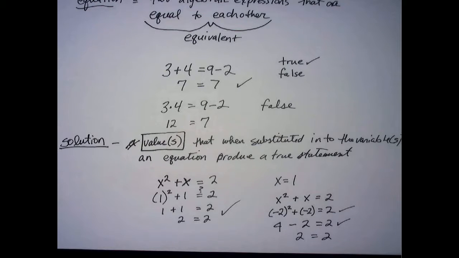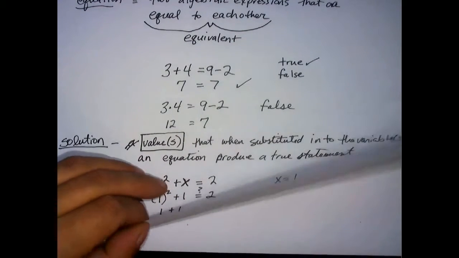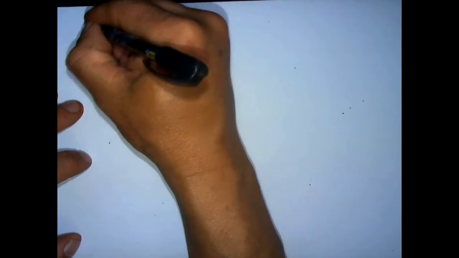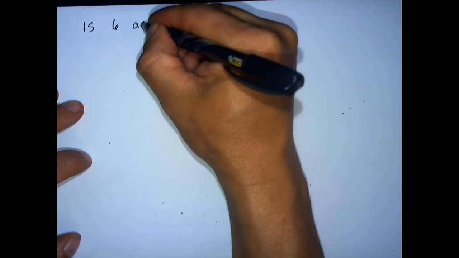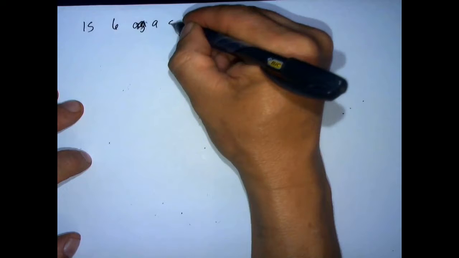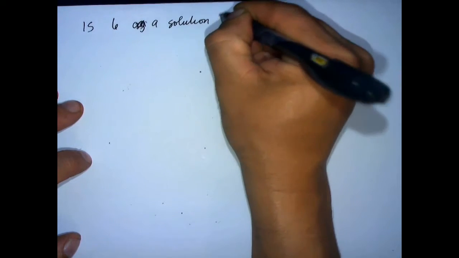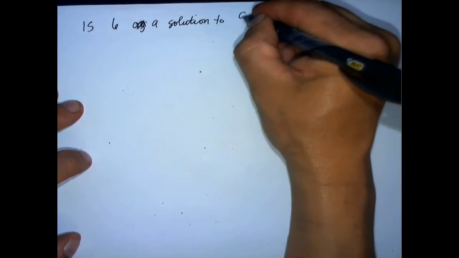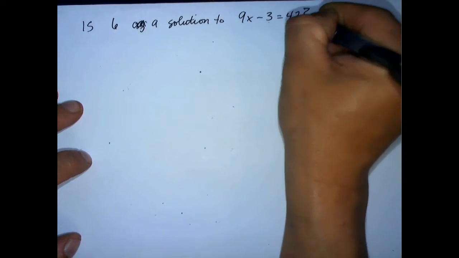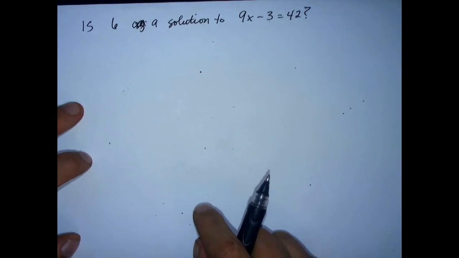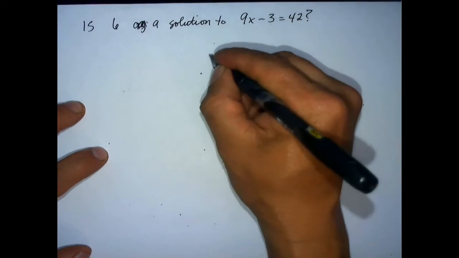So let's go back to some easy ones. We did that hard one. Is 6 a solution to 9x minus 3 equals 42? That's the question I want to know. Is x equals 6 a solution? So we're going to reproduce everything.